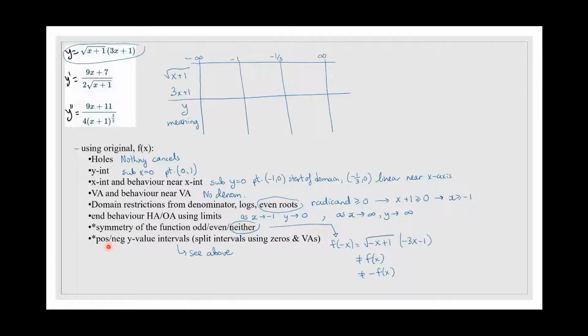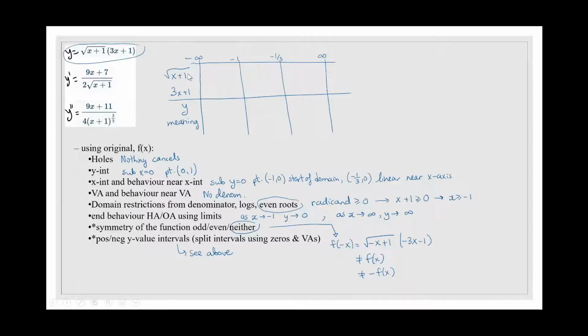Next, what we're going to do is figure out whether the function lies above the x-axis, positive y value, or below the x-axis. What you want to do is split the intervals using zeros and VAs. So as you can see, they are placed here on a number line in the order that they would appear. Next, what we want to do is figure out what the sign is on each of these intervals for each portion.